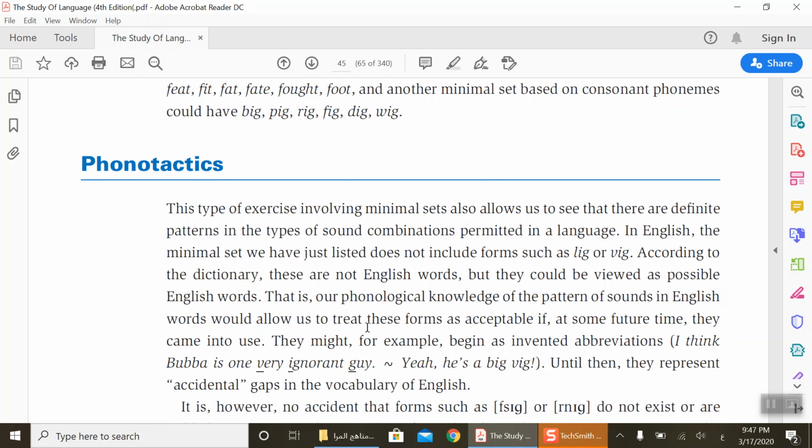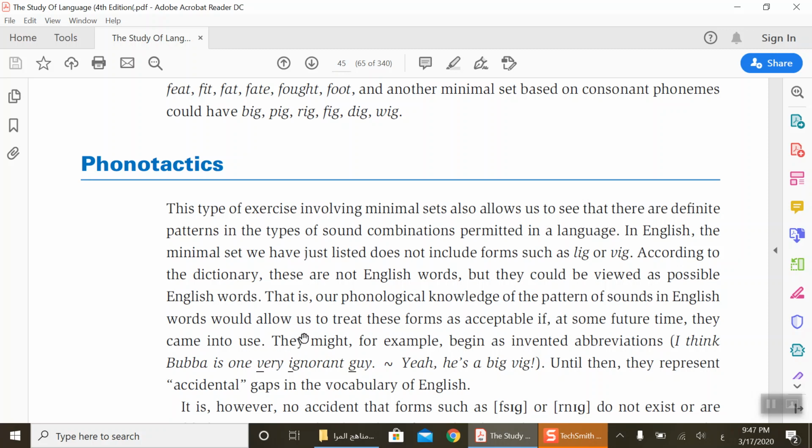Okay, we said phonology is where? In the mind. Phonological knowledge of the pattern is in our mind: pig, rig, fig. So why don't we have lig? In this way, phonological knowledge allows us to treat these forms as acceptable if at some future time they came into use.